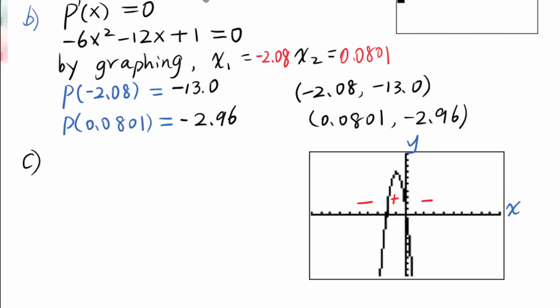Below the x-axis is negative. We do know this x-intercept is negative 2.08. This x-intercept is 0.0801. Therefore, we can draw the sign diagram for p prime of x.